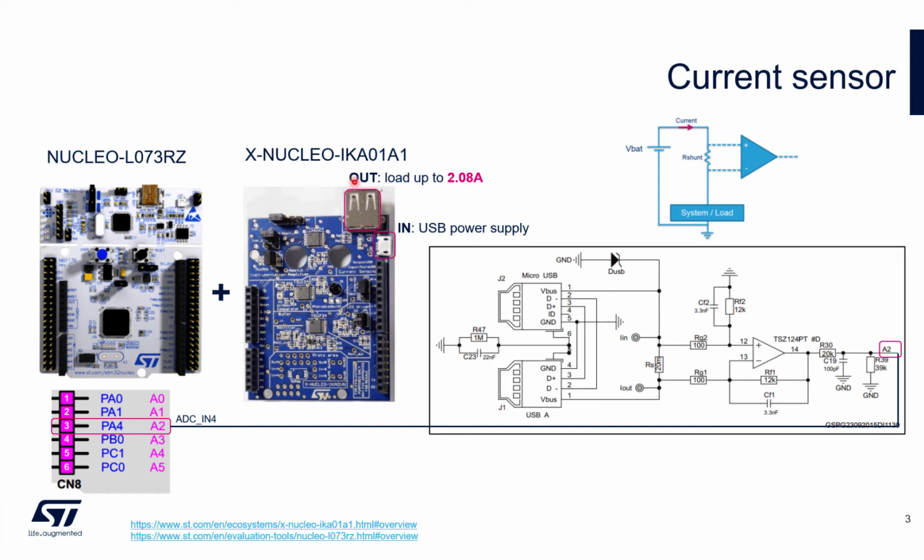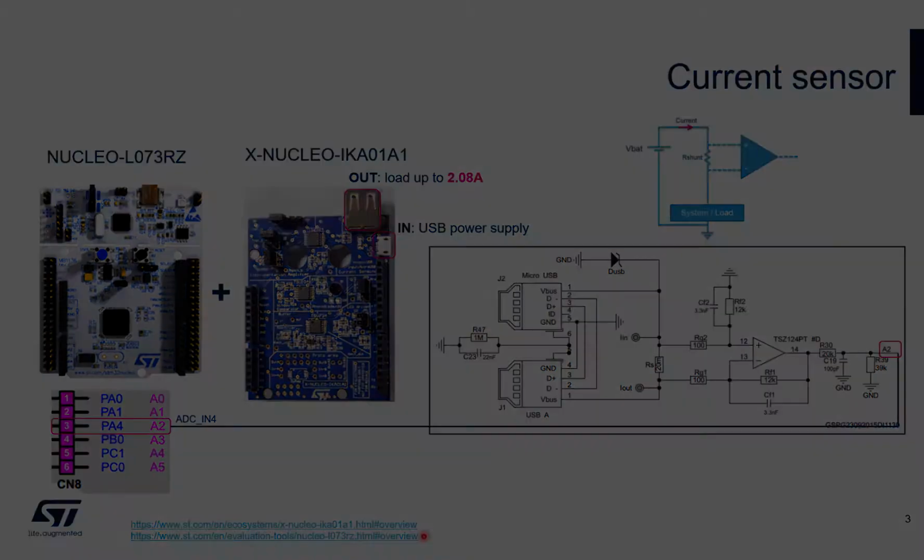So we will plug a fan on this connector and we will retrieve the current consumption through the ADC of the NUCLEO L073 board. So for all the details of what is capable of this NUCLEO IKA board, please go to this link, and the full description of the L073 NUCLEO board is on this link just below.